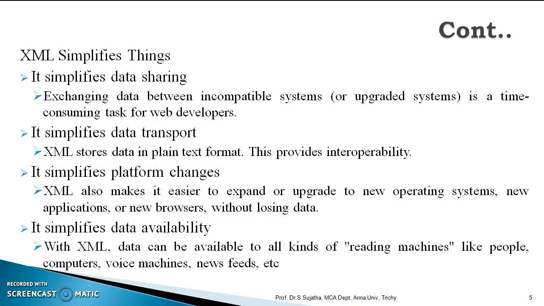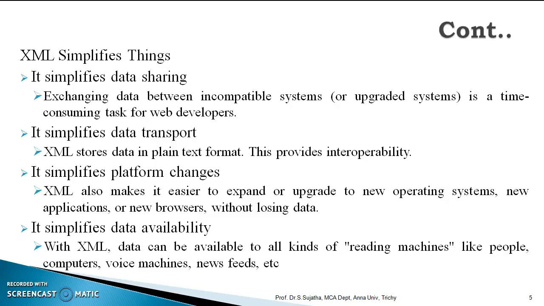XML simplifies a few things. It simplifies data sharing, that is, it exchanges data between incompatible systems. Even high-end systems can exchange data with legacy systems. Then data transport: XML data is stored in a plain text format, and it provides interoperability.